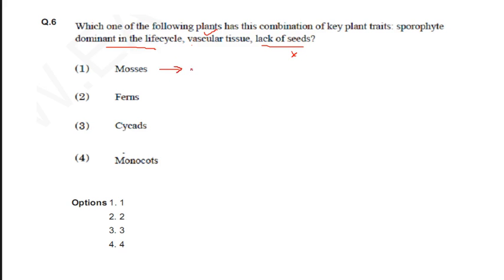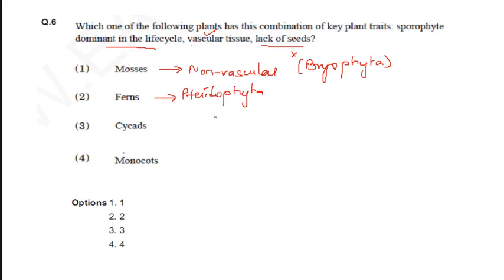See, mosses are non-vascular. They are included under Bryophyta. Okay, ferns are included under Pteridophyta, and cycads are gymnosperms. Gymnosperms have seeds, and monocots are under angiosperms.